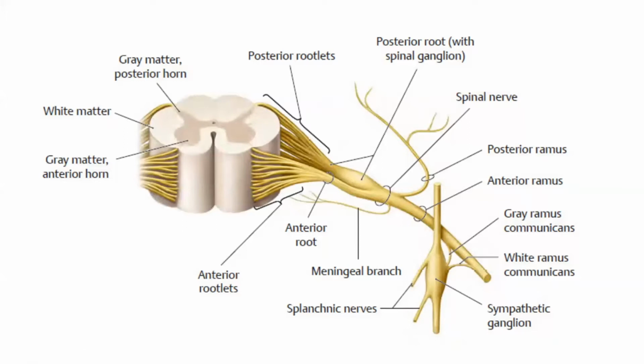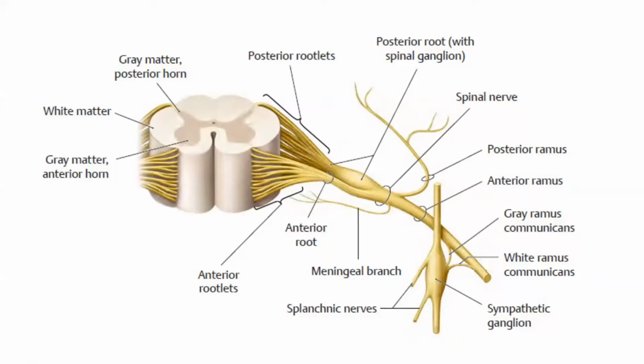The ventral branch of the spinal nerve, in most cases, meaning in all segments except the thoracic segments, and in the thoracic segments, T1 is not included, forms a plexus, and then the nerves arise from those plexuses.